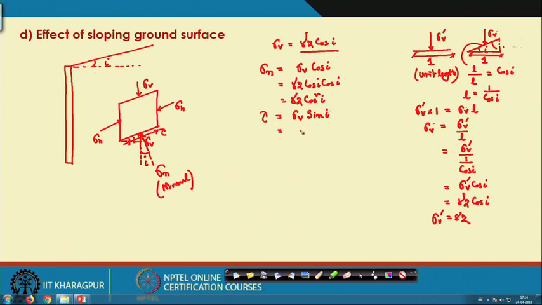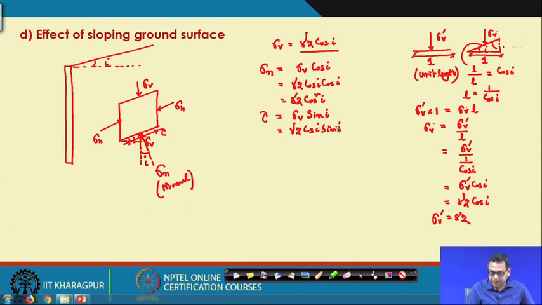Sigma v is nothing but gamma z cos i, and this is sin i. So now we can get the normal stress and the shear stress, and both values we know: gamma z cos square i, and gamma z cos i sin i.